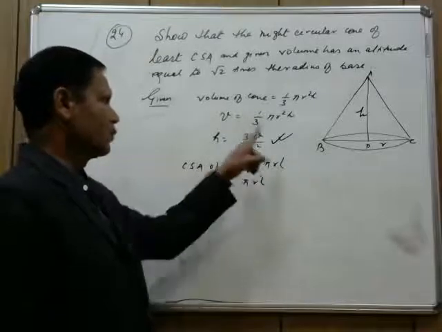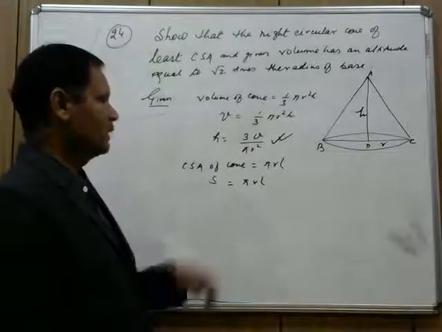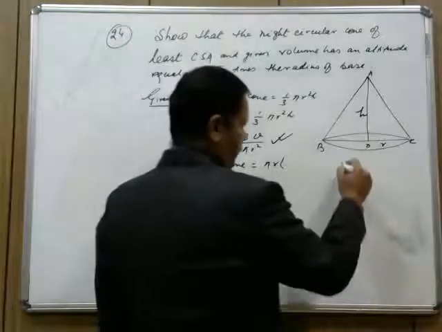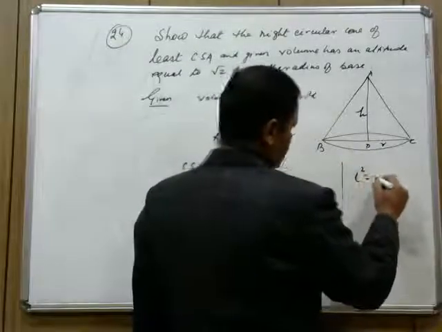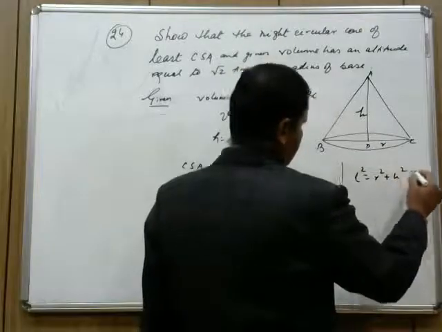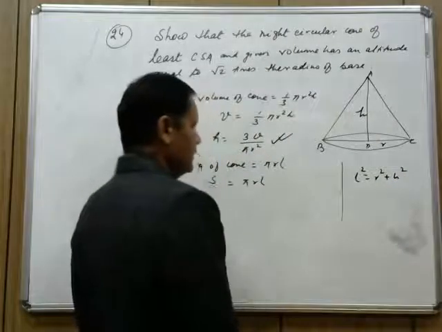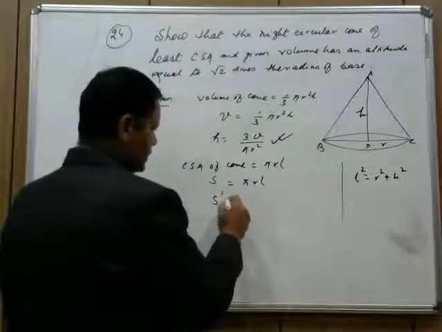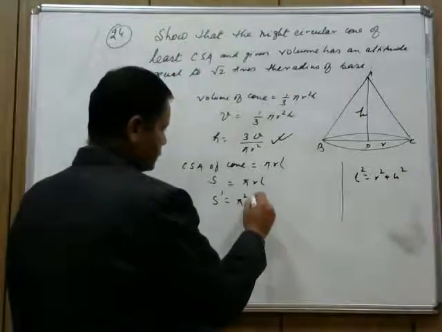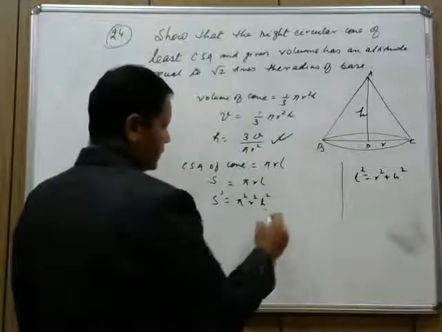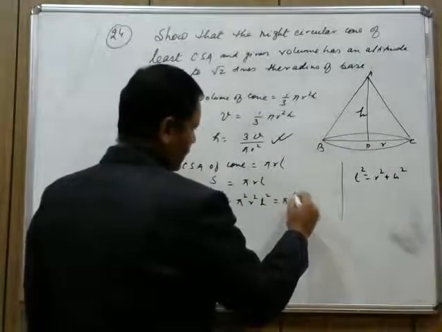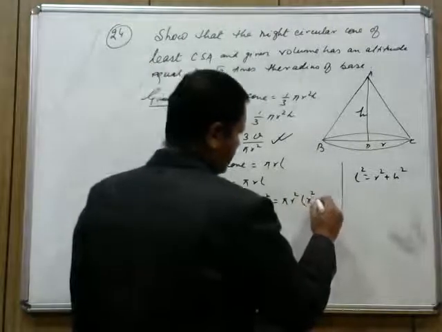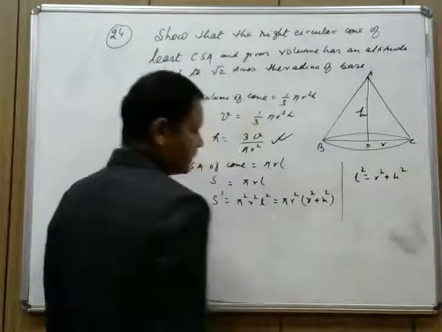Okay, how I am writing L using V and r. We know that L square is equal to r square plus h square. And can I write here S dash is equal to pi r square L square, and this is equal to pi r square. In place of L square, I will write r square plus h square.